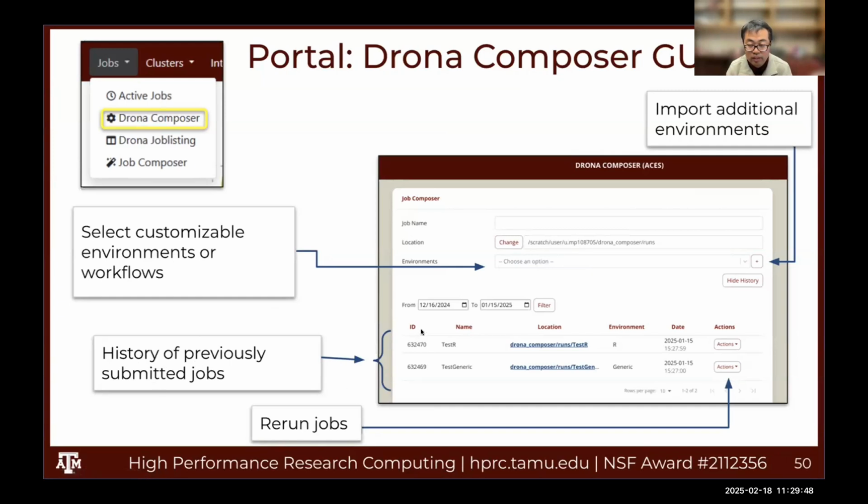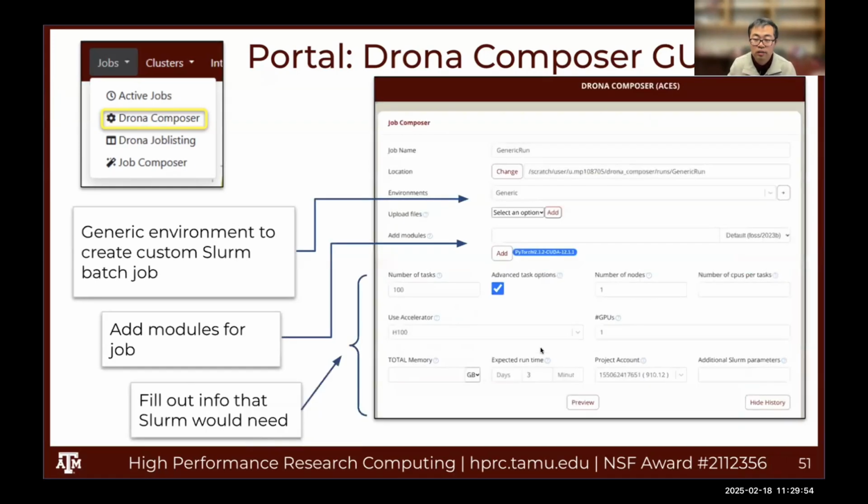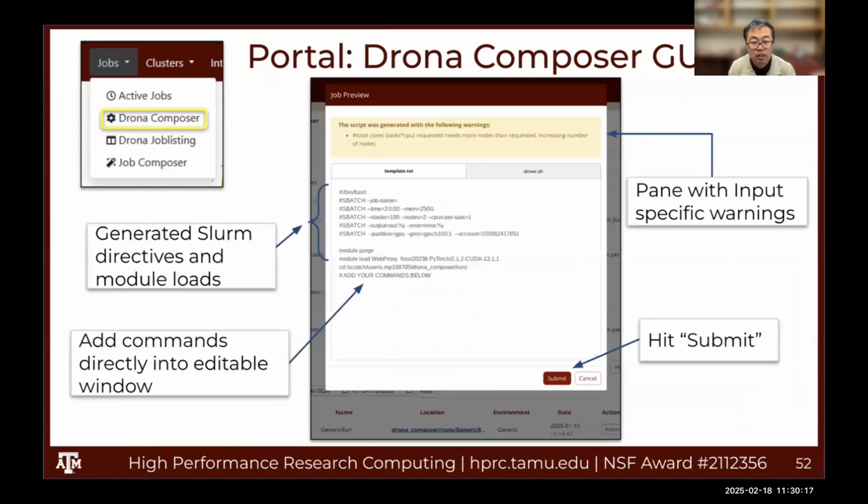You can also see the history of your previously submitted jobs. Here are some more. So an introduction about the environment, and you can also add modules here as well. So this is simply a form that helps AI researchers with no to little HPC experience, so they can just run their jobs.